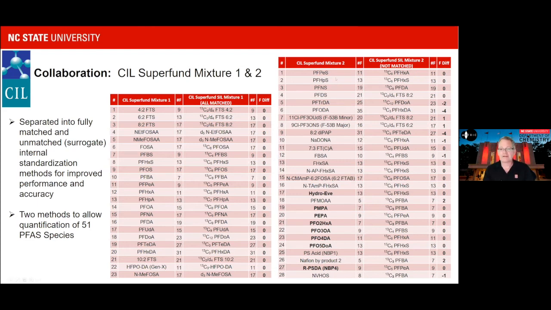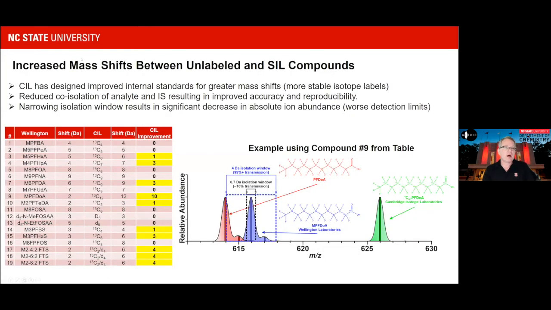On the right-hand side are ones that do not have a stable isotope labeled version available at this time. There you can see the number of fluorines, and we try to match that up as closely as we possibly can, because we have found through other studies that it's very important in terms of electrospray response.